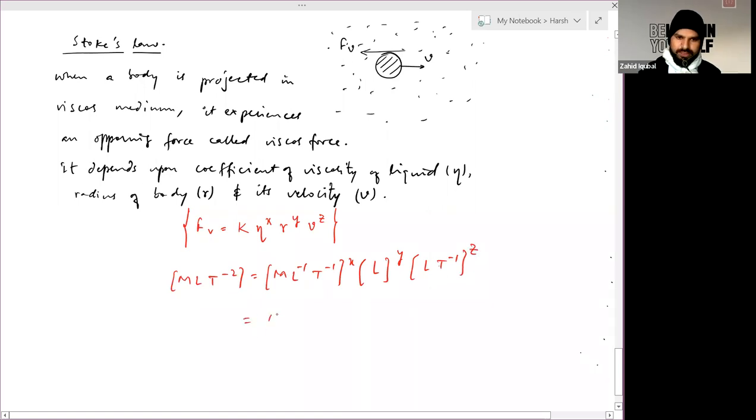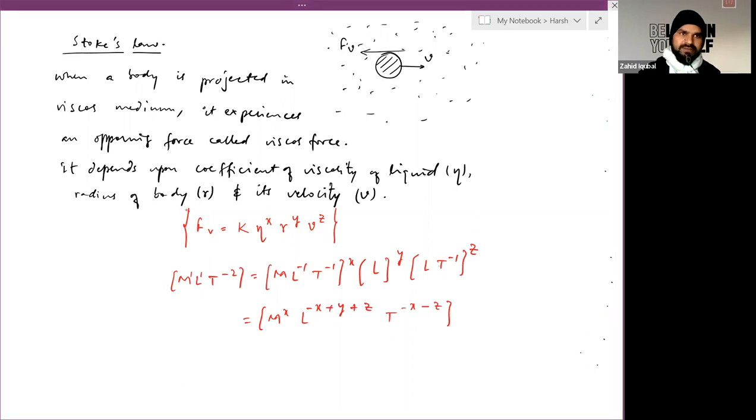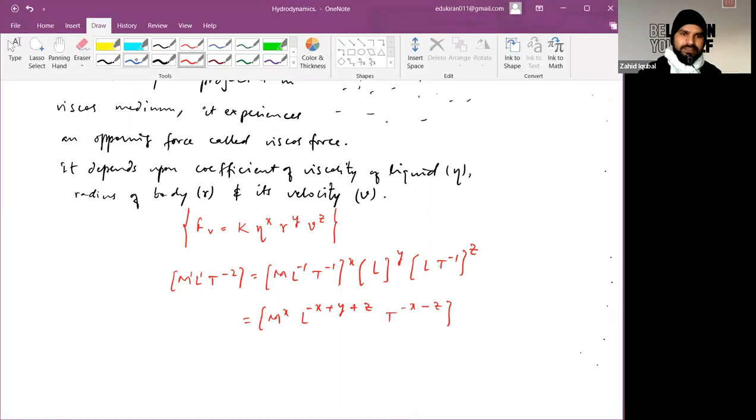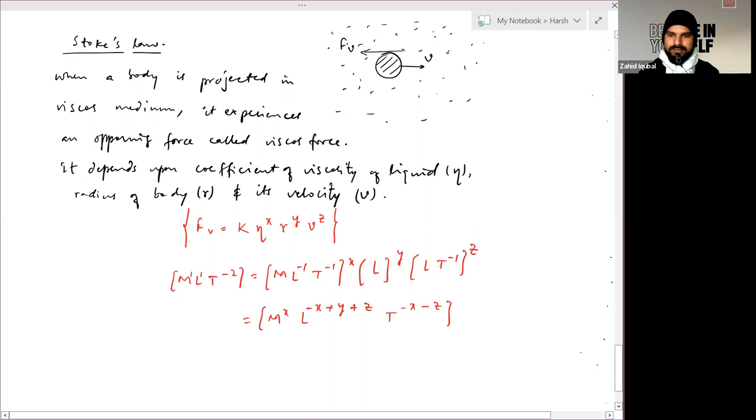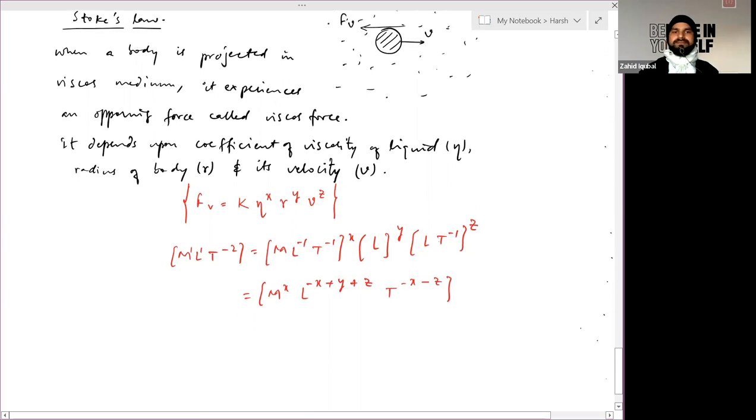On rearranging, M raised to x, L raised to -x plus y plus z, and T raised to -x minus z. Now try to compare each exponent on the left side and right side and find the values of x, y, z. Okay, Harsh? Yes, sir.